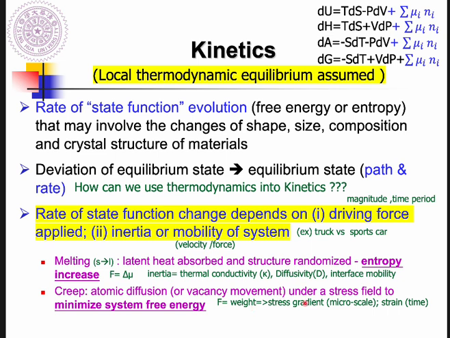So what's the inertia or mobility of the system? You can imagine that even if I hang the same weight on different metals, for example aluminum and silver, the total length will not be the same, right? That depends on the mass transport. So the inertia of the system in this case would be the atomic transport coefficient, which is diffusivity.